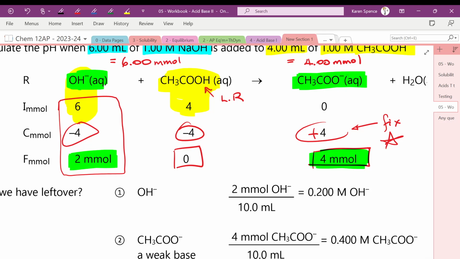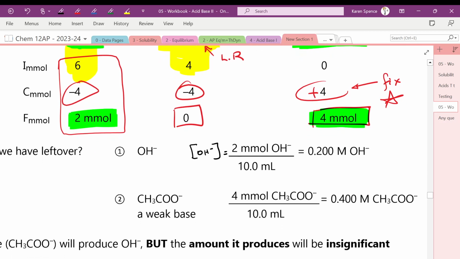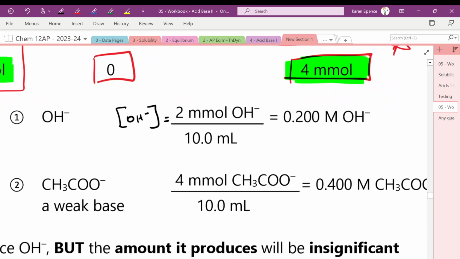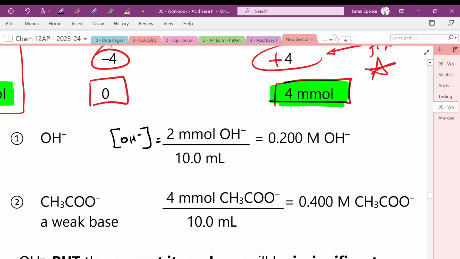Our concentration of OH is equal to the 2 millimoles over the total volume, 10 milliliters, 0.2 molar. And we have CH3COO minus, which is a weak base.